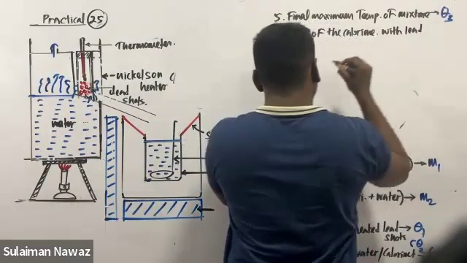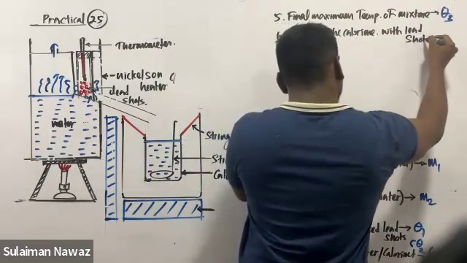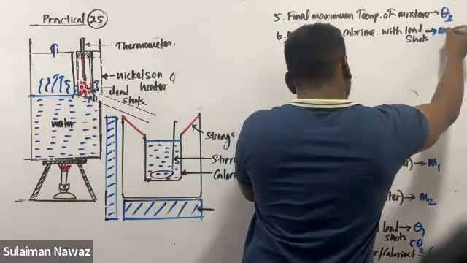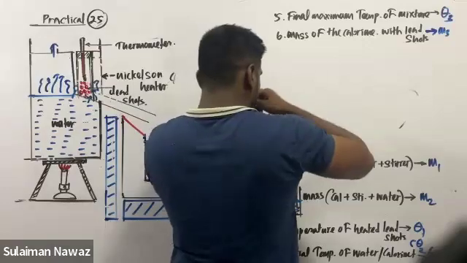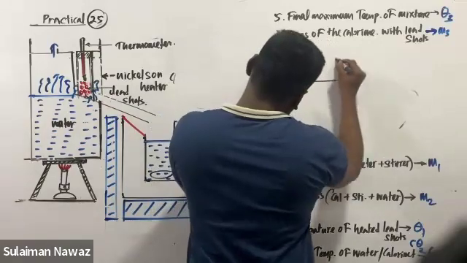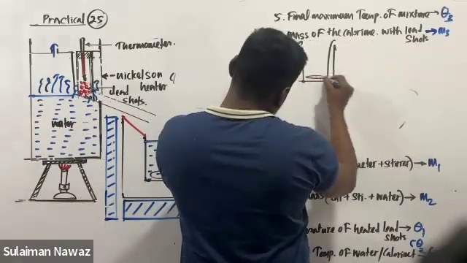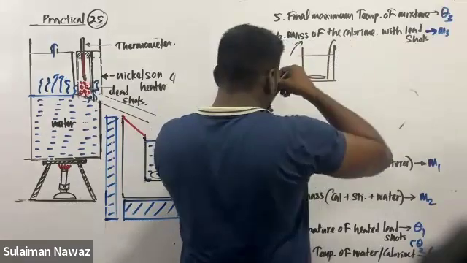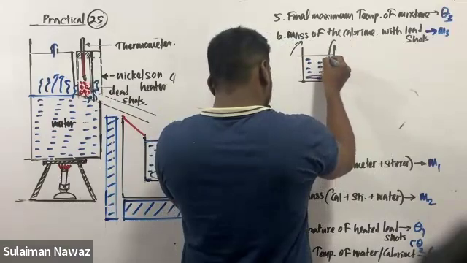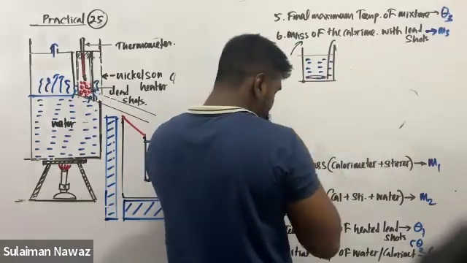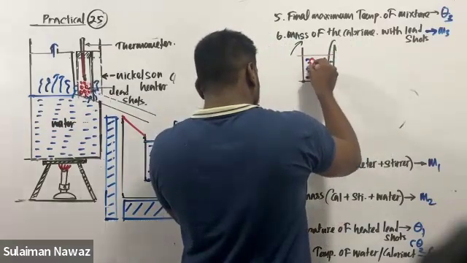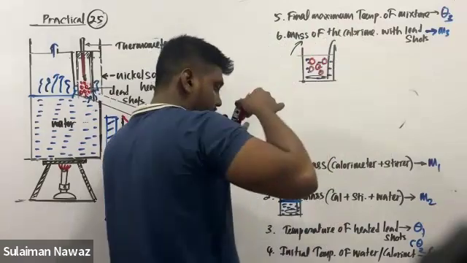That is my M3. So if I draw this this time: stirrer, calorimeter, then water, also lead shots. This is the mixture mass.